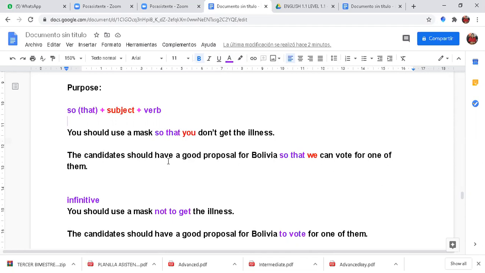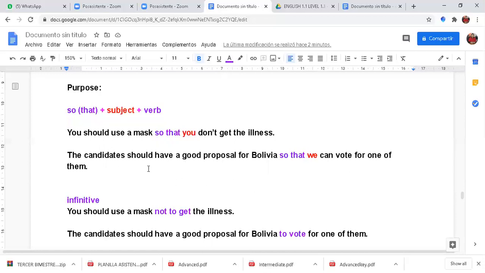And what's the objective of that proposal? Our vote. If they show us a real proposal, we're going to vote for them.